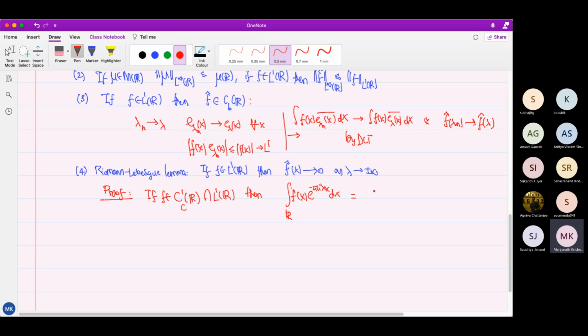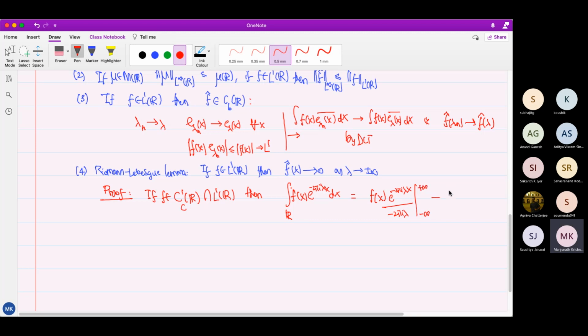Let's say it is supported in minus M to M. Anyway, I will not bother to write that. I will just write minus infinity to infinity. So you can write it as f of x into e to the minus 2 pi i lambda x over minus 2 pi i lambda, that's the primitive of this one, from minus infinity to infinity.